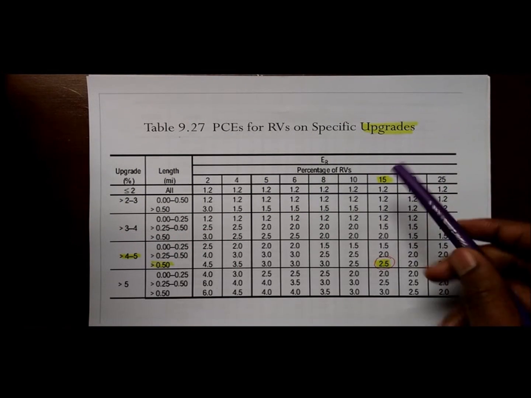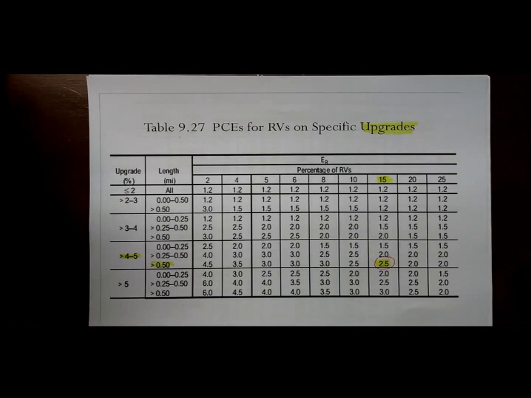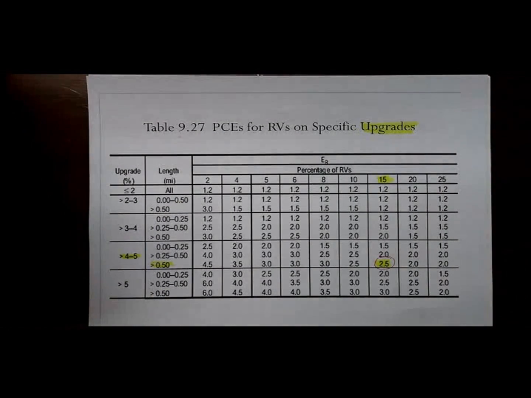The problem stated that we were going uphill, incline, upgrade, at a 4.5%. So I'm in between 4 and 5 here. And this goes up to 5, and this is greater than 5. So if you had a 5.1, of course you'll be using this, but this is 4.5, so we know we definitely are here.